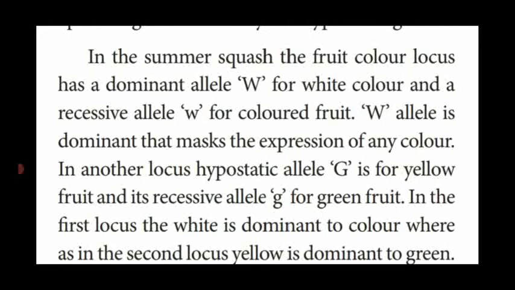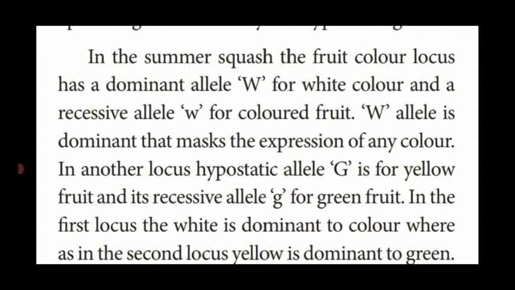In one locus, the gene has a pair of alleles: one allele is dominant for white color, denoted as capital W, and the other allele is recessive, small w, which is expressed for colored fruit. Out of these two, capital W is the dominant allele, which suppresses the other color of the fruit.